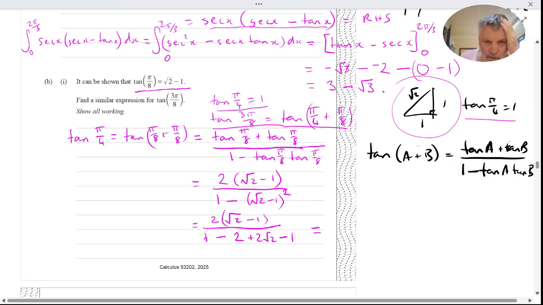So that is 1 minus 1, they cancel, and we get 2 root 2 minus 2. So it's 2 over root 2 minus 1, and 2 root 2 minus 2. You could factorize the 2 out, but you can quickly see that that is 1, which is what we expect, because it's what we effectively already knew.